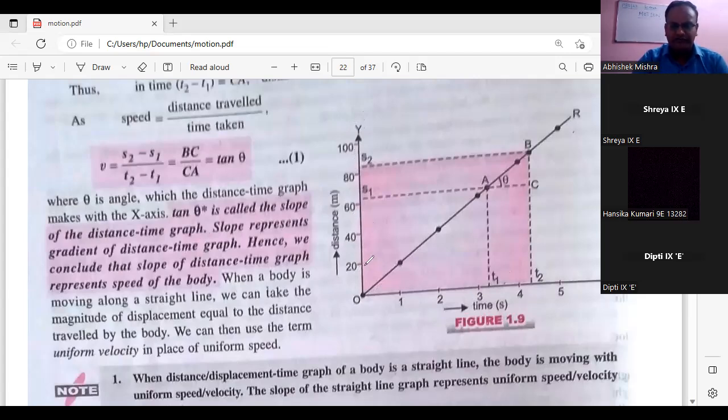When the body covers 20 meter in 1 second, here we get the point. Like this, all the points are generated. The body covers 40 meter, after again a time interval of 1 second, the body covers 60 meter at 3 seconds, then again 80 at 4 seconds.